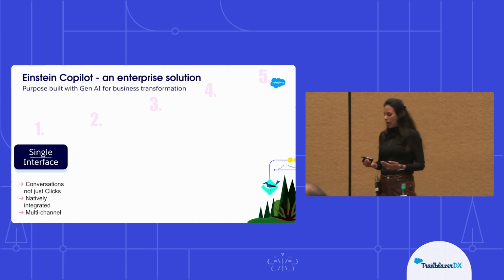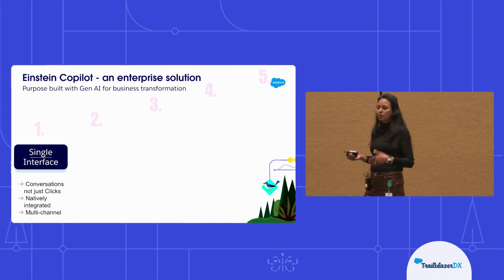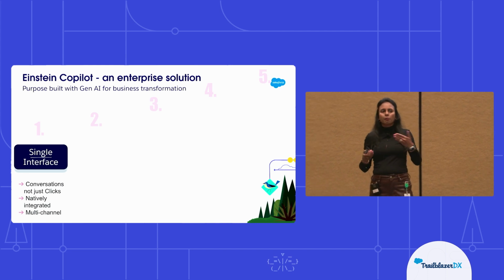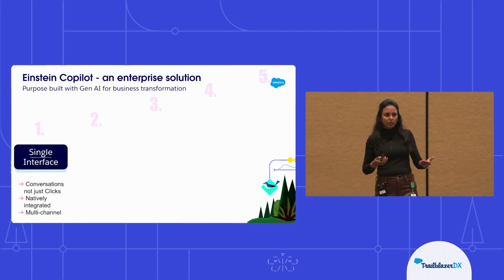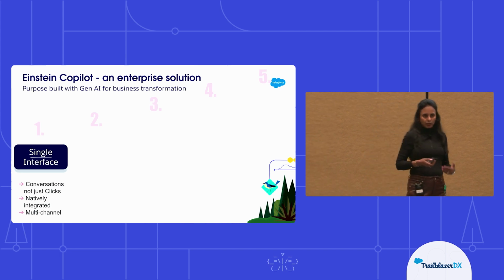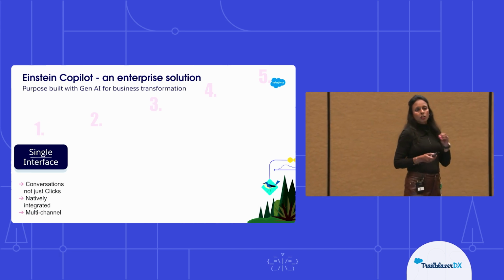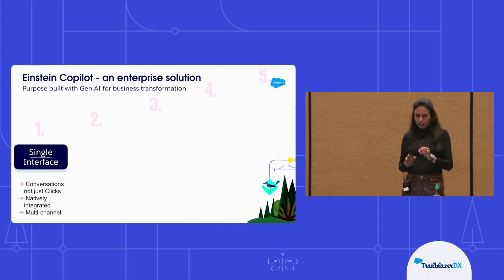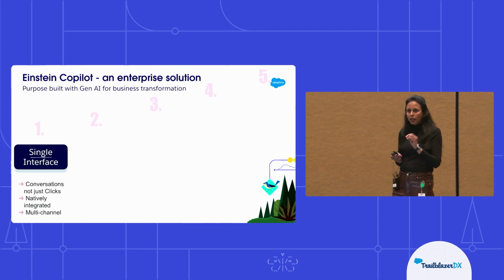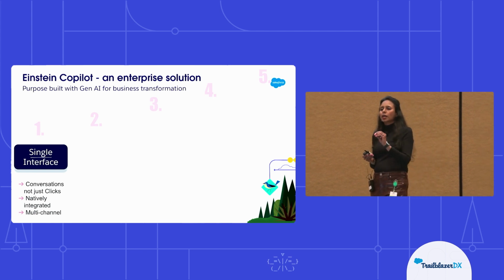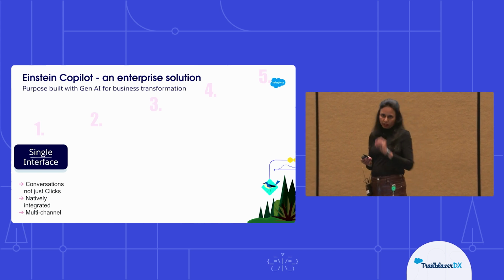And of course, having a single interface means that your users can flip back and forth between multiple devices and form factors flawlessly. Not just that, Einstein Copilot is also present on all the customer channels with the richness of user experience that you might be familiar with from Einstein bots.